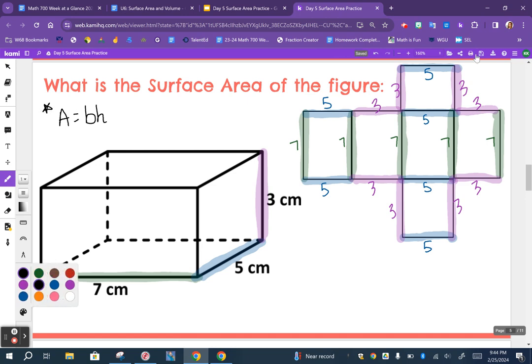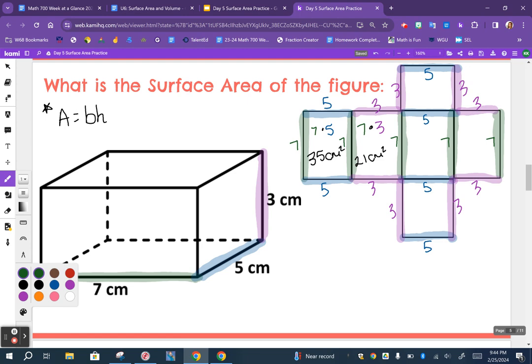So for this rectangle to the left, we have a height of 7 times a base of 5, which will give us an area of 35 centimeters squared. This rectangle to the right has a height of 7 times a base of 3, which will give us an area of 21 centimeters squared.